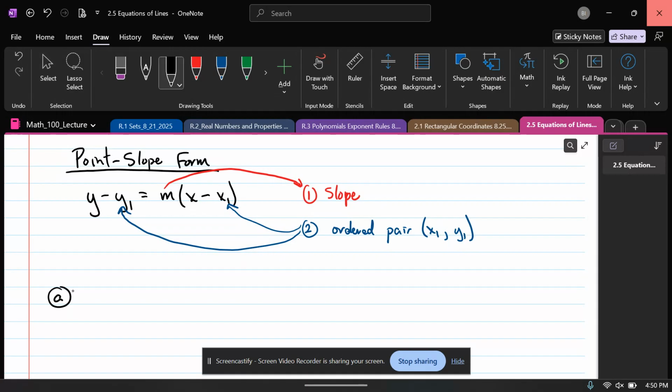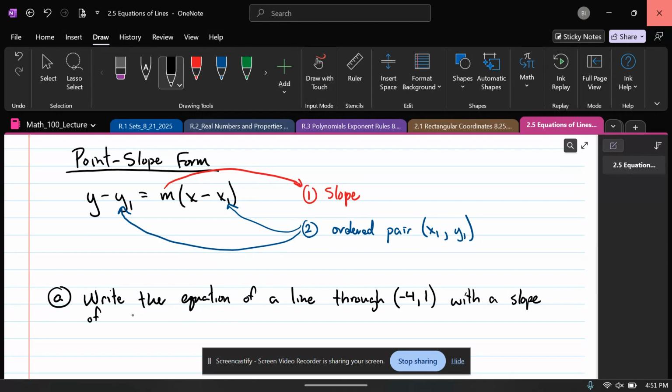Our first example tells us to write the equation of a line through the ordered pair (-4, 1) with a slope of -3 in point-slope form. So point-slope form is what we're going to go for.